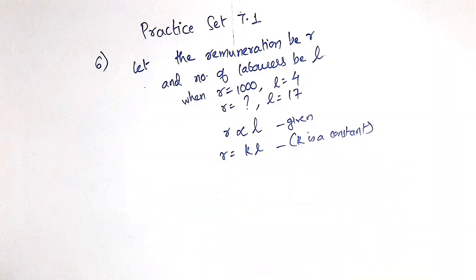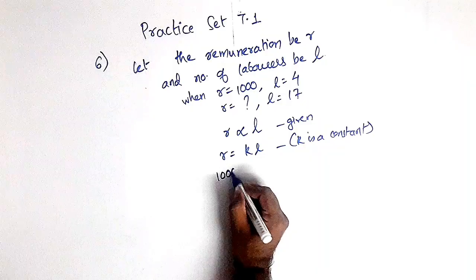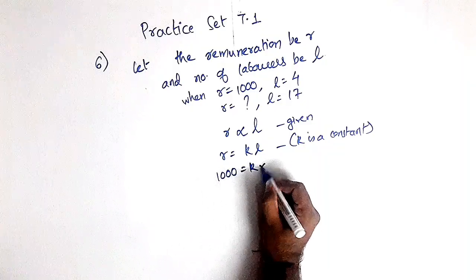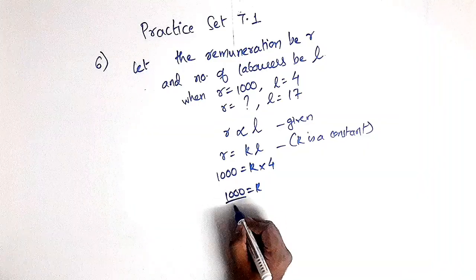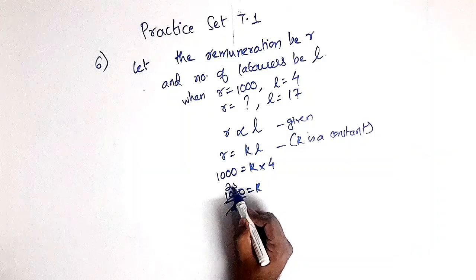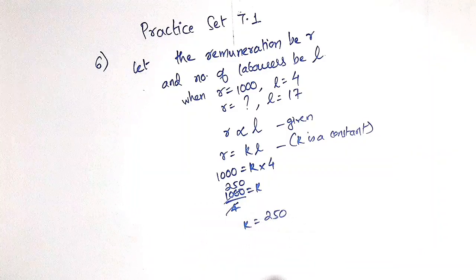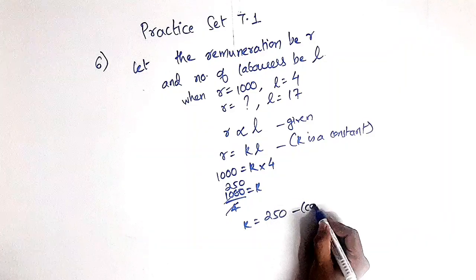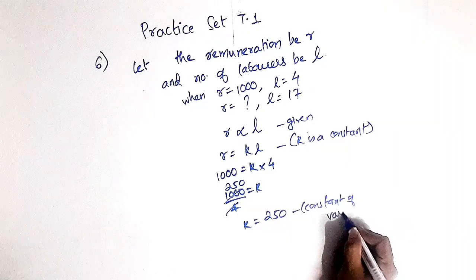Now R is 1000, K we don't know, L is 4. K is equal to 1000 by 4. What is 1000 upon 4? 4 twos are 8... 250. So K is equal to 250, which is called the constant of variation.